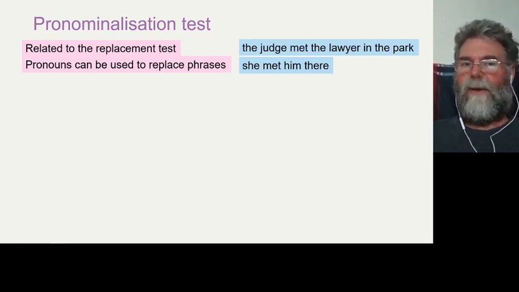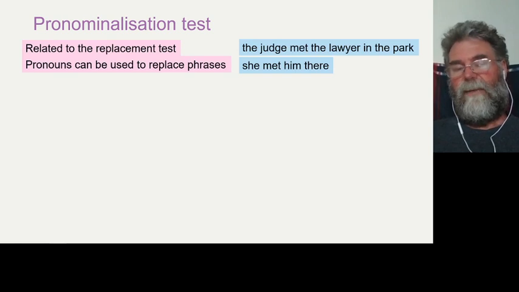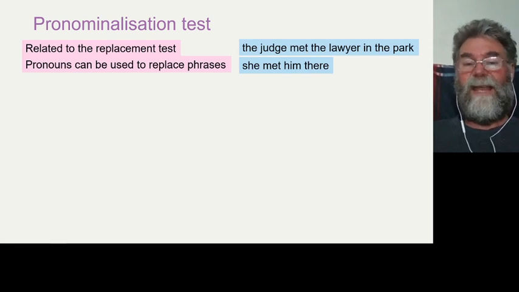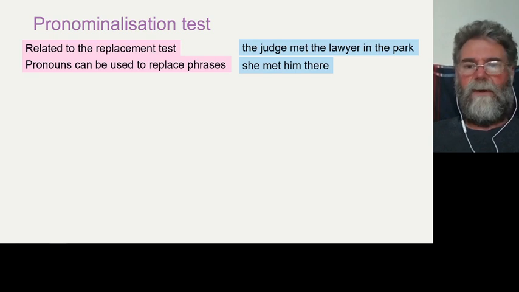And we see that we've replaced the judge with the pronoun she, the lawyer with the pronoun him, and in the park with, again, a kind of pronoun, but this is more like a pro-prepositional phrase. It stands for the prepositional phrase there. And we'll find that other kinds of constituents also can be pronominalized in this way, though not using what have traditionally been recognized as pronouns.